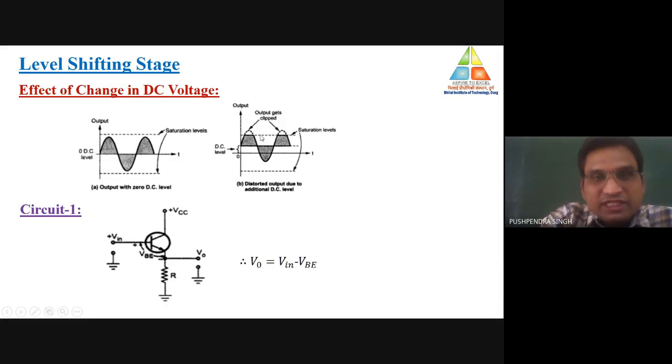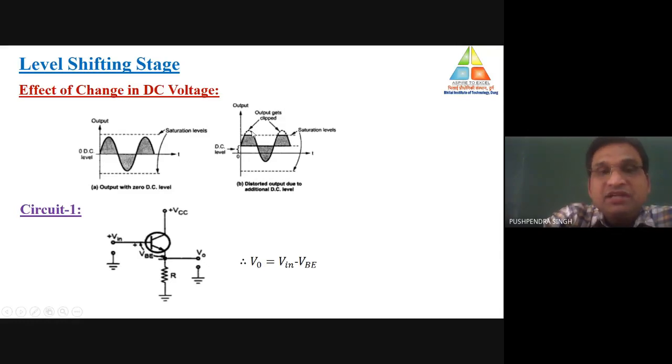But what about the second figure, figure B? This signal is received at the output terminal of the op-amp when there is a change in the value of the DC signal. Suppose the value of this DC signal is 0.7 volt higher. From this point to this point, the signal is the same as the input signal. But after that, there is clipping of the input signal.